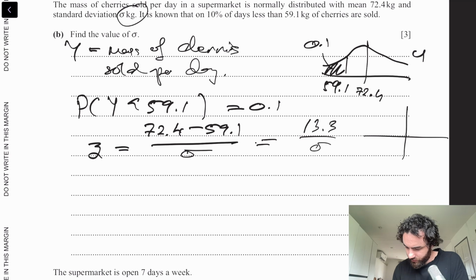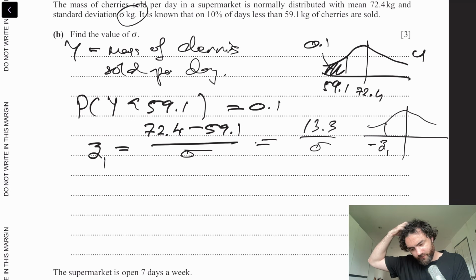Okay, so this thing, let's call this Z1, I guess will be negative. Will it be negative?